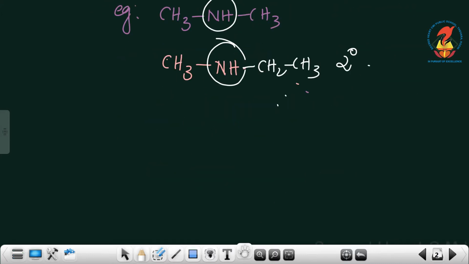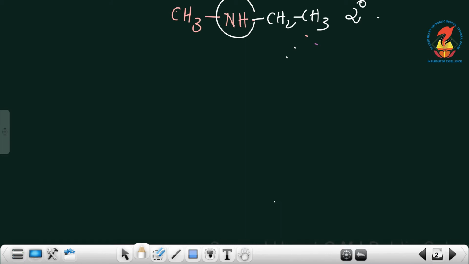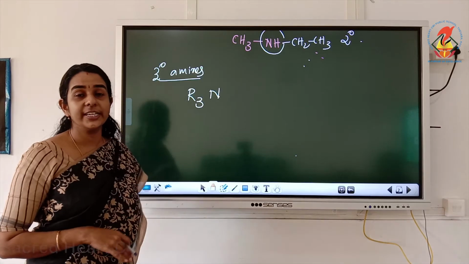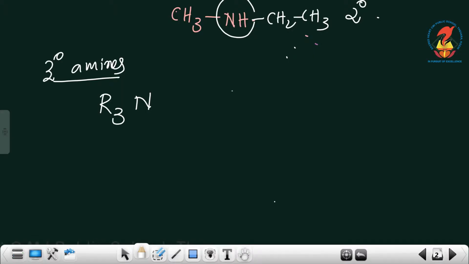So this is the definition of secondary amines: containing one replaceable hydrogen, or nitrogen attached to two other carbon atoms. Now moving to the third classification, tertiary amines. The general representation is R3N. From the general representation itself it is clear. R3N, if we expand the structure, means three alkyl groups attached to the same nitrogen atom.